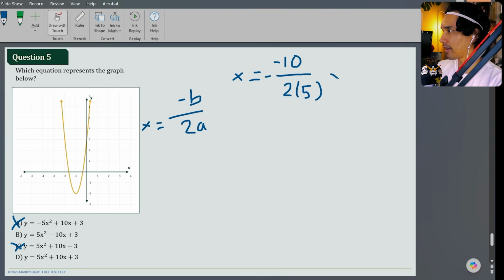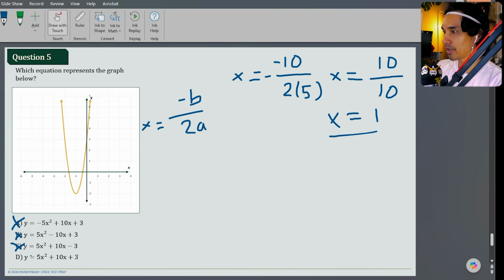That's going to give me x is equal to 10 over 10, x is equal to 1. And then we look here that there is no 1 here. The vertex is definitely not 1. 1 is right here, right? So then we could rule out B.